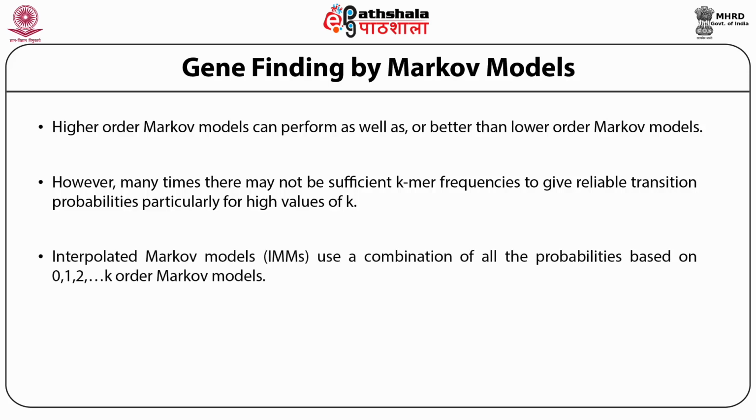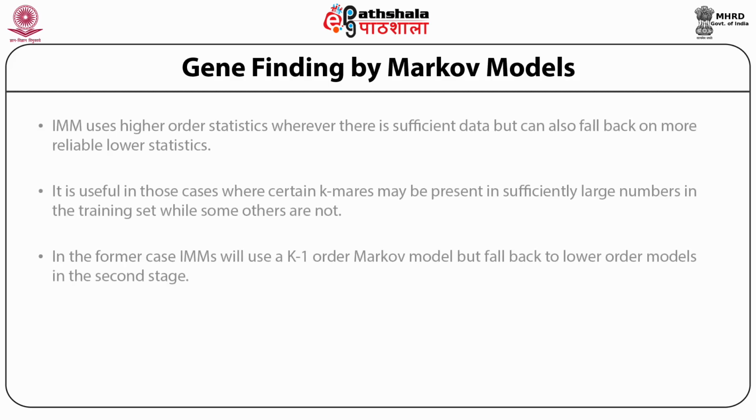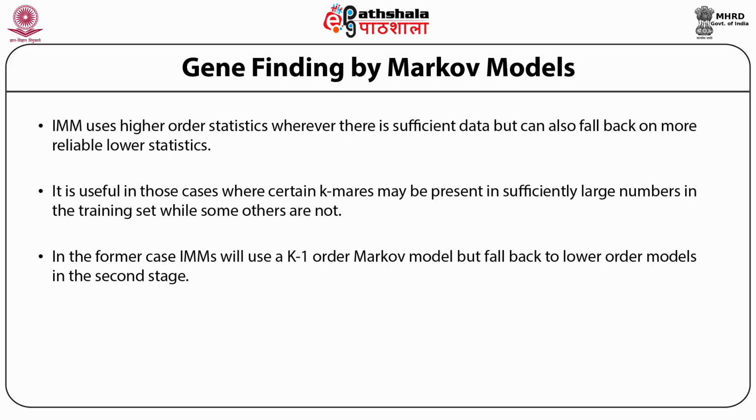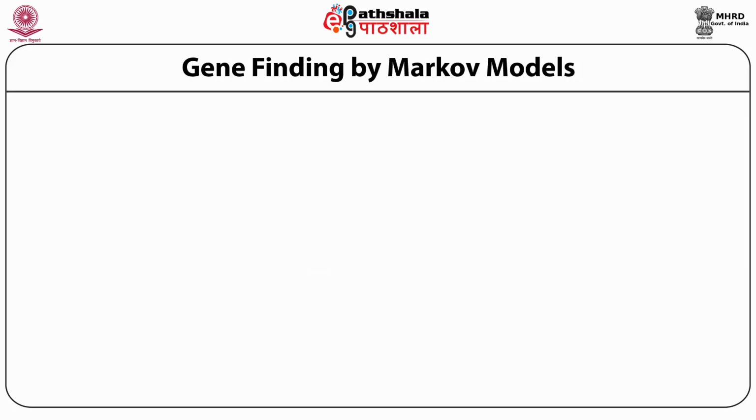And there are a lot of gene finding programs based on interpolated Markov models. In these, we use higher order statistics wherever there is sufficient data, but fall back to lower order statistics otherwise. So here is an example of an interpolated Markov model of, say, kth order.